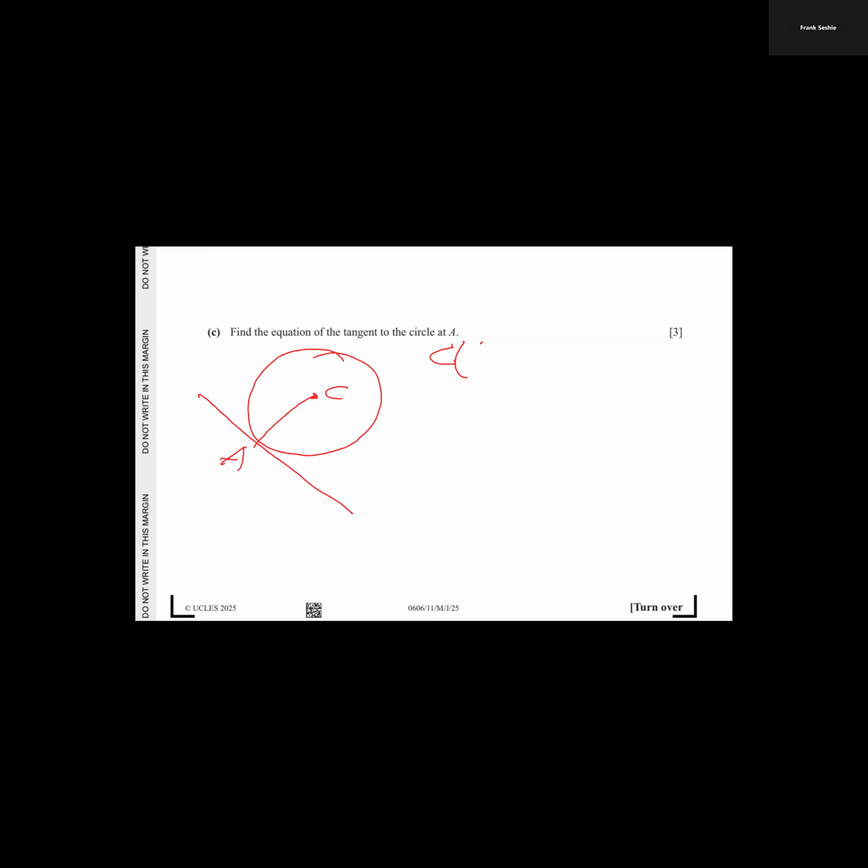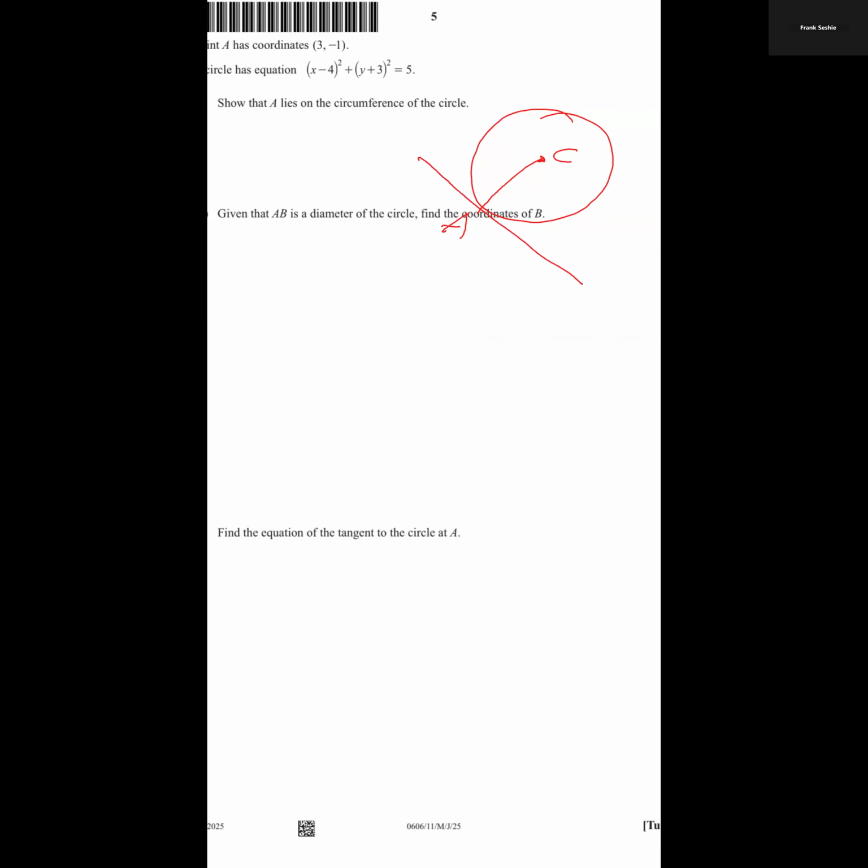I think it's 4, negative 3. Point A was, let me look for it. Yes, 4 negative 3, and point A was 3 negative 1.